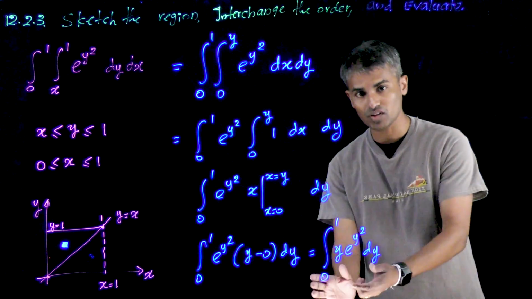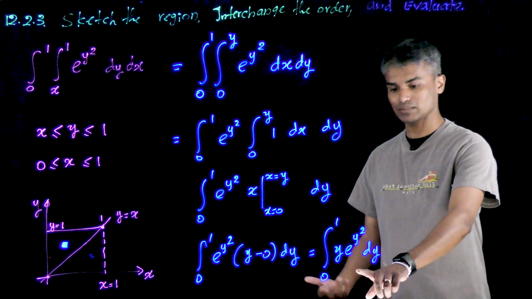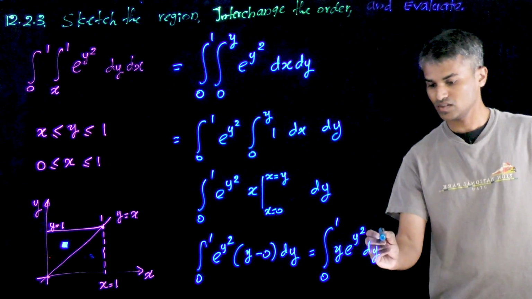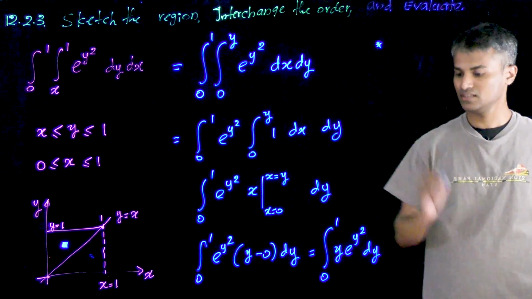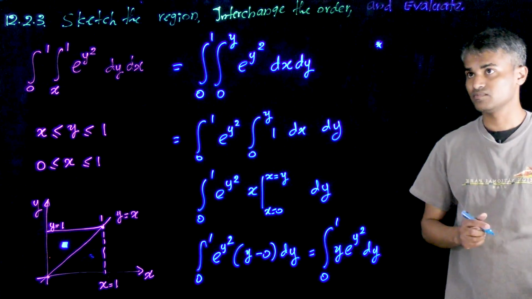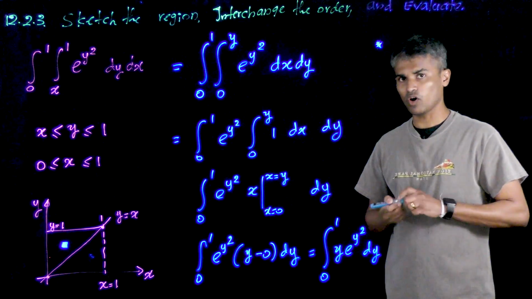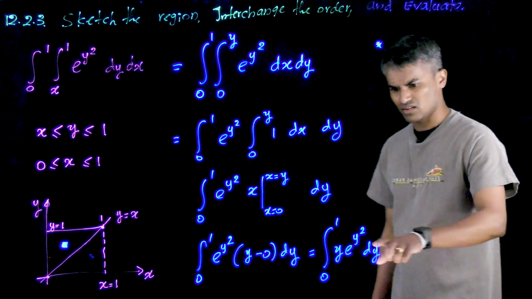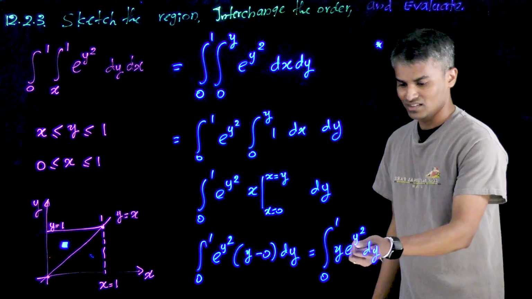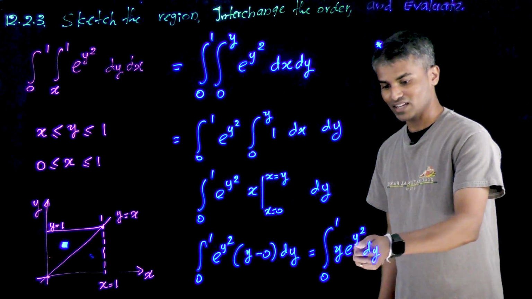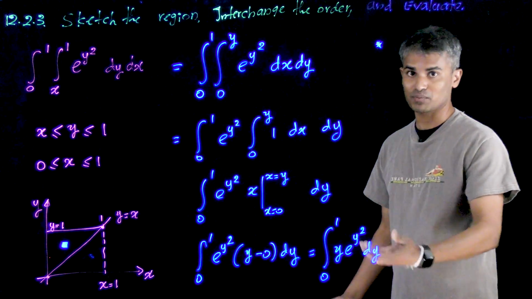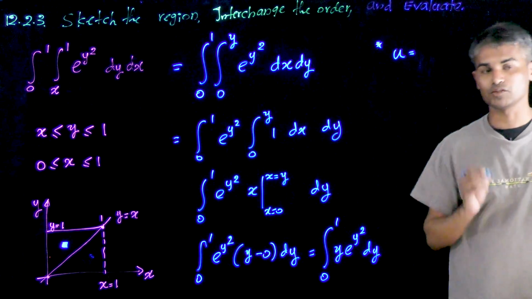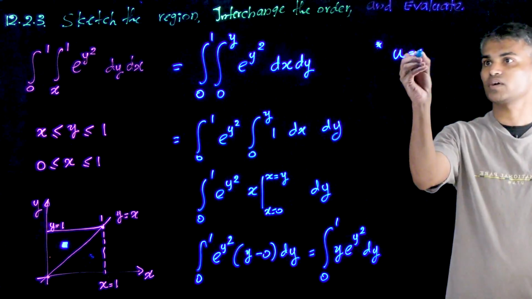Okay. Now, we can solve this integral using a u substitution. So, let me start from here. When you make a u substitution, always pick the complex part of the integrand. Now, for me, and I hope for you as well, this y squared is the complex part. So, let us use a substitution, u equals y squared.